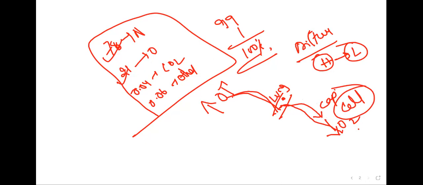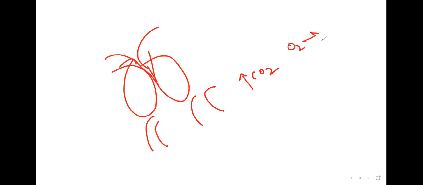Okay, the same thing happens in the opposite direction. If this is the lungs, what will happen? Here in the lungs, carbon dioxide is less, because after the tissue uses O2, the formation of CO2 happens.